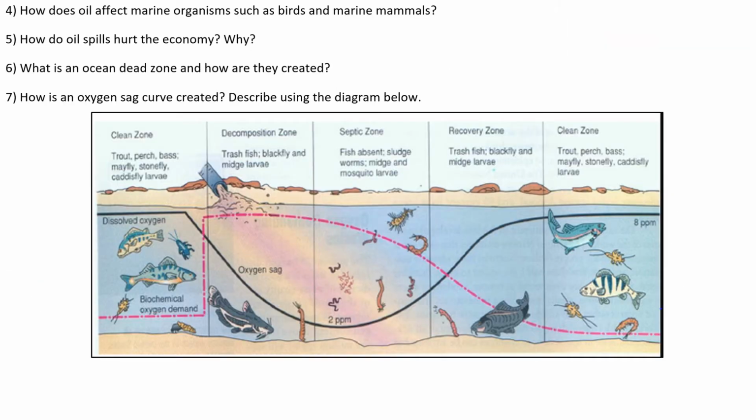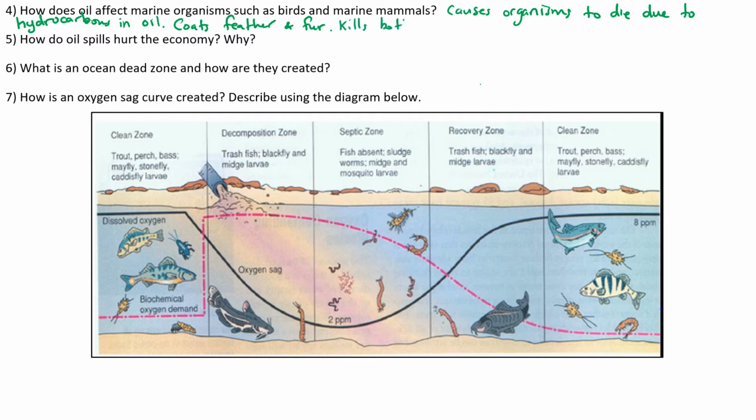How does oil affect marine organisms such as birds and marine mammals? Well, it causes organisms to die due to hydrocarbons in oil, coats feather and fur, which inhibits their movement and kills bottom-dwelling organisms.